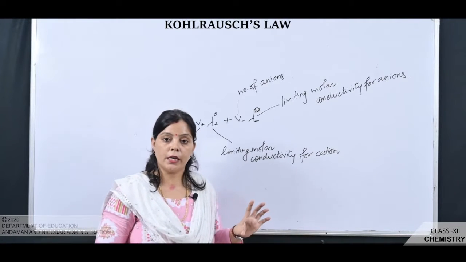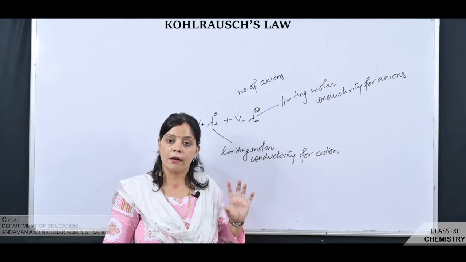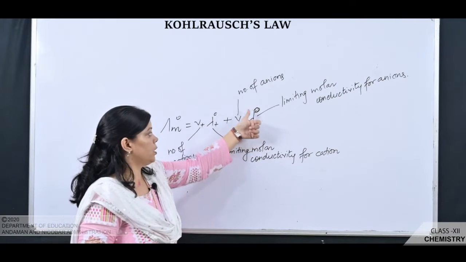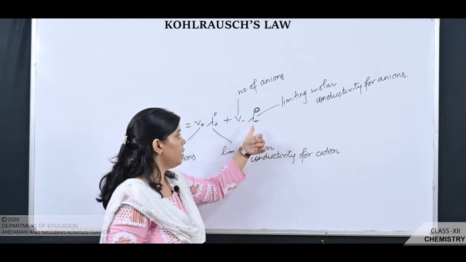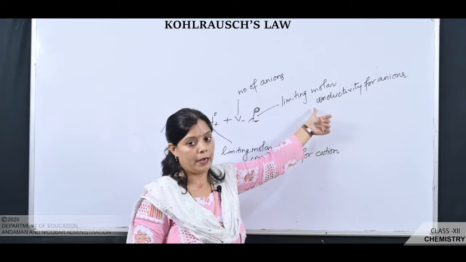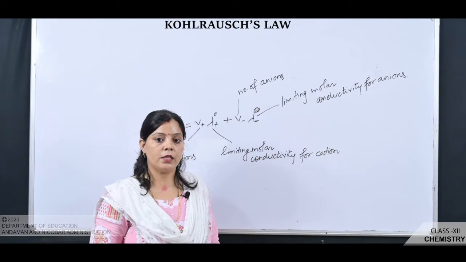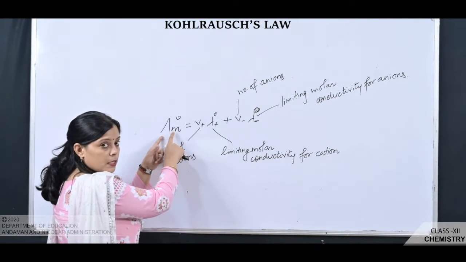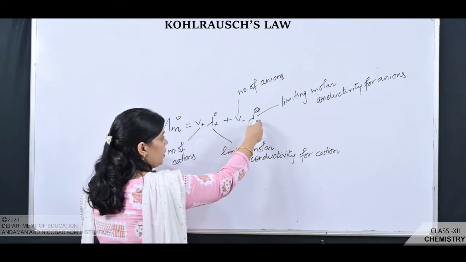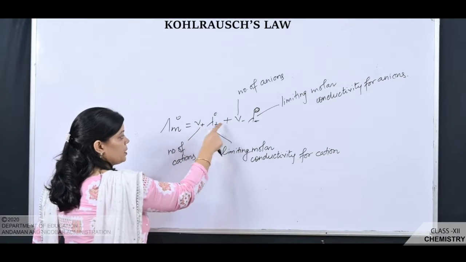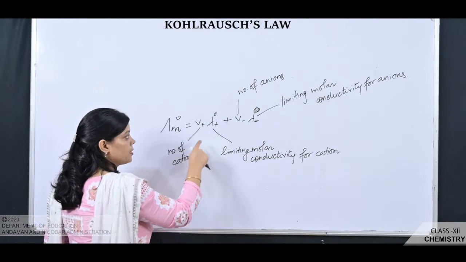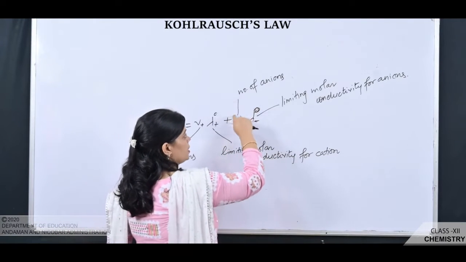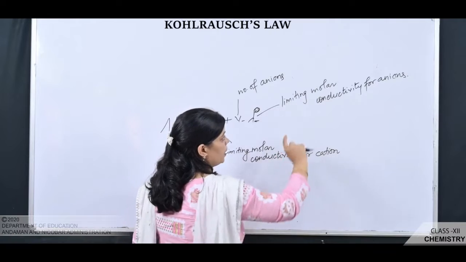If the limiting molar conductivities of the cation and anion are respectively λ⁺⁰ and λ⁻⁰, then the limiting molar conductivity of the electrolyte at infinite dilution, Λm⁰, can be written as ν⁺λ⁺⁰ + ν⁻λ⁻⁰, where ν⁺ and ν⁻ represent the number of cations and anions, and λ⁺⁰ and λ⁻⁰ are the limiting molar conductivities of the cation and anion.